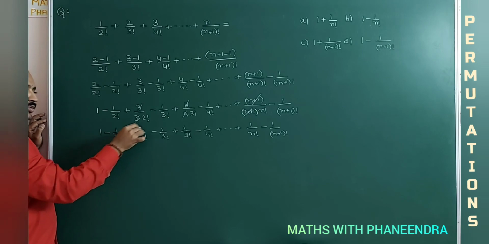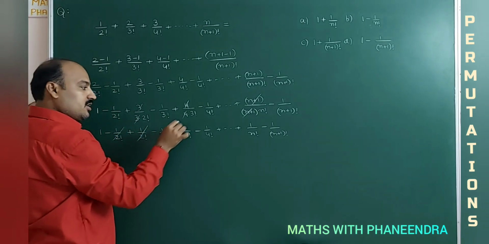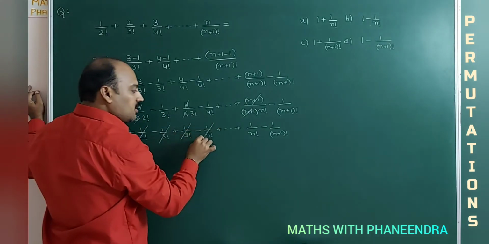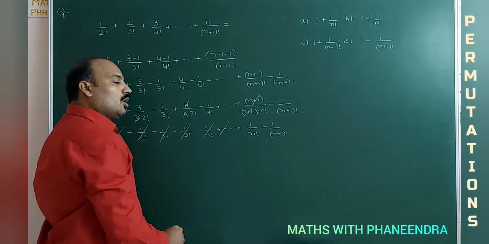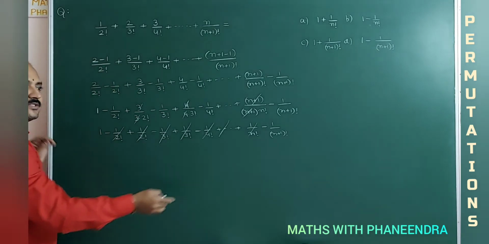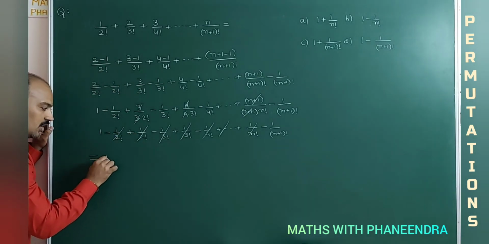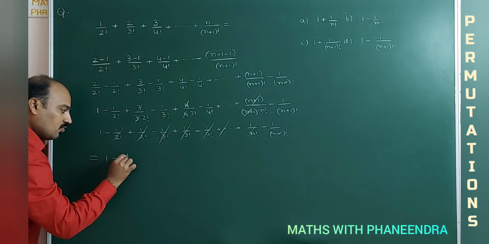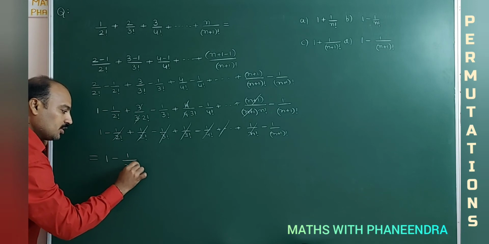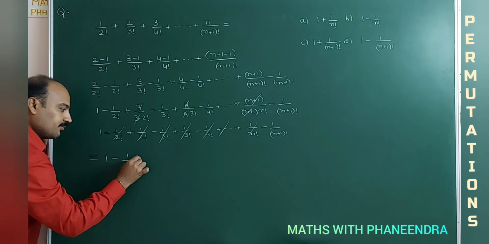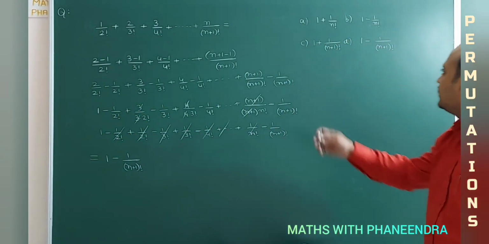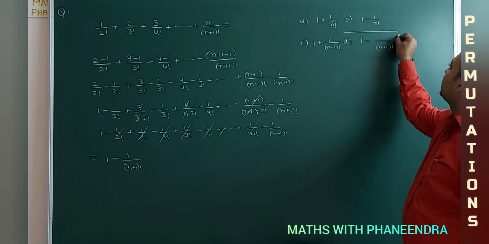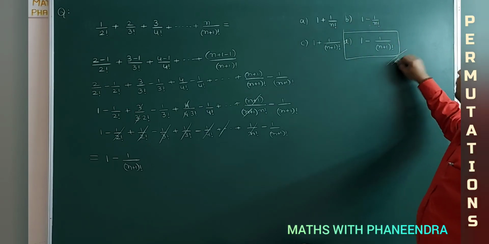Here minus 1 by 2 factorial plus 1 by 2 factorial, minus 1 by 3 factorial plus 1 by 3 factorial, minus 1 by 4 factorial and plus 1 by 4 factorial will be there, and so on till the last term, it will be cancelled. The rest of the terms: 1 minus 1 by n plus 1 factorial. Therefore, the given series value is equal to 1 minus 1 by n plus 1 factorial.